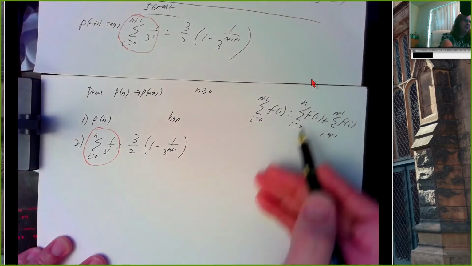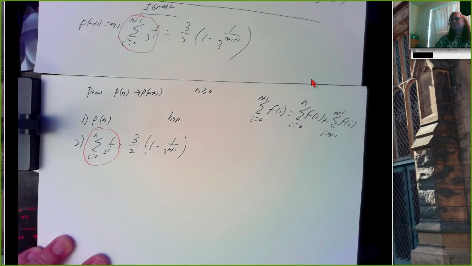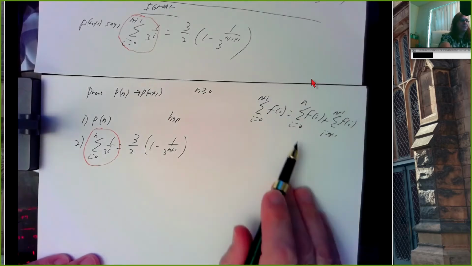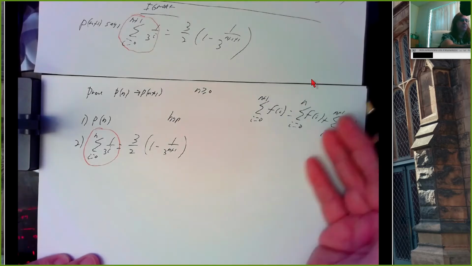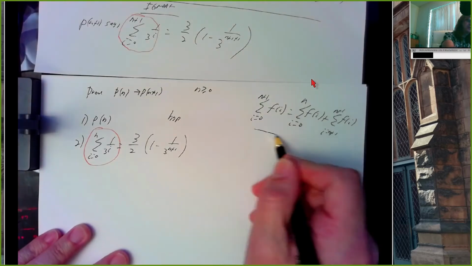I can go from 0 to a, and from a to b, that's the same as going from 0 to b. And think of it as a for loop in programming. If I make a for loop from 0 to n plus 1, well, I could do a for loop from 0 to n, and then I could do one more iteration for n plus 1. So I'm basically going to write this down.